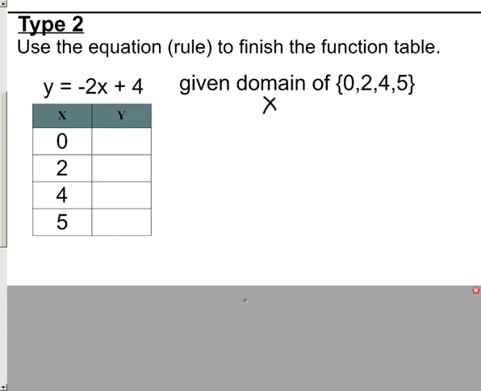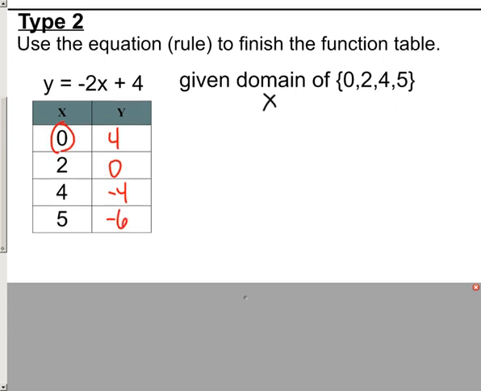You have to insert these x values into your equation and go get your y values, which would be the same thing as range if they said that. So they can play tricks with you with these names, but you have to remember the different nicknames, and then you're okay. So that's what they're asking you to do when they give you a table and an equation.